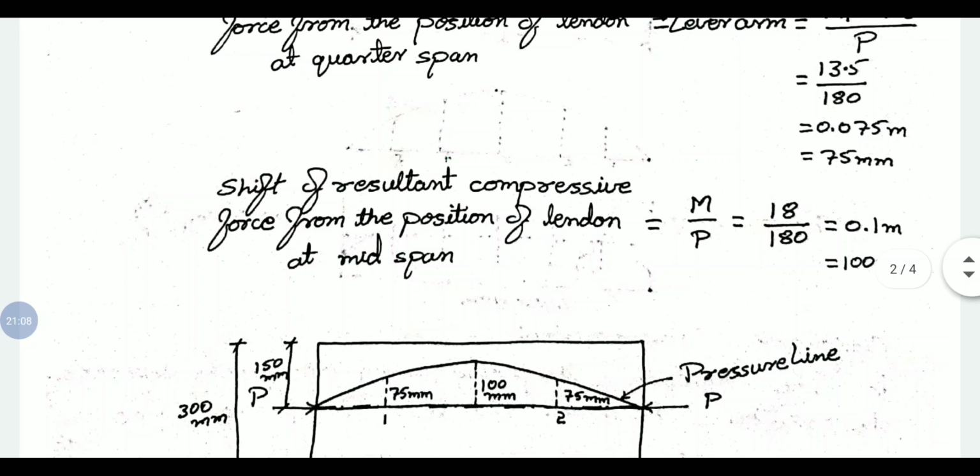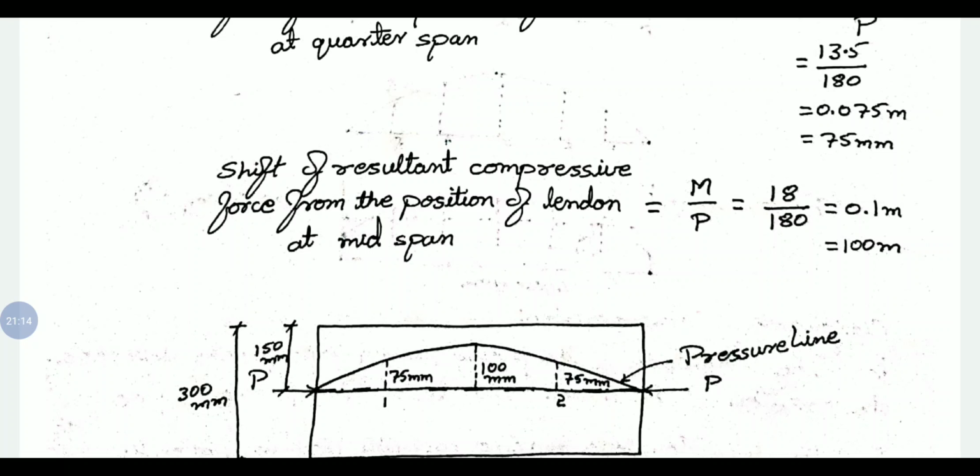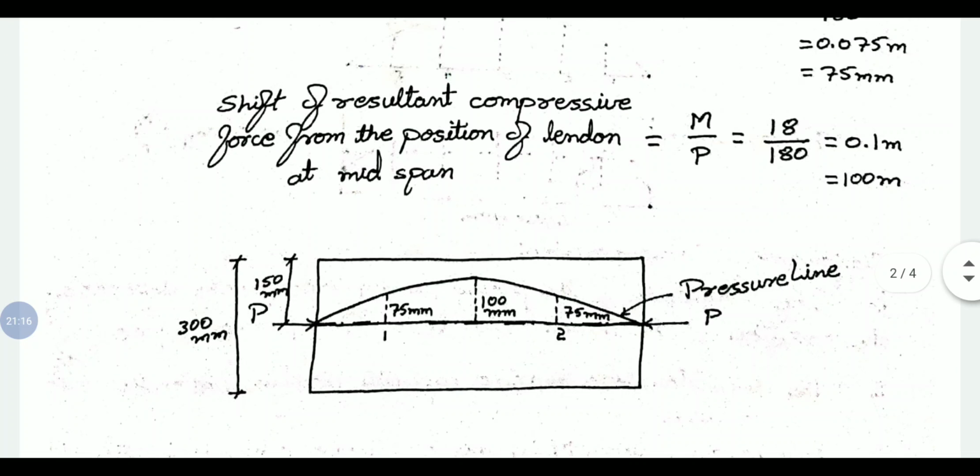In the same way at midspan we have M by P, 18 kilonewton meter divided by the pre-stressing force of 180. This is a section of depth 300 mm, and the centroid is at 150, and in a concentrically pre-stressed member the pre-stressing force or tendon is placed along the centroidal axis.